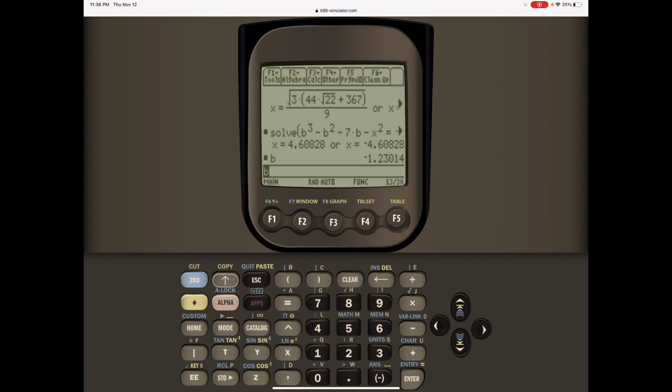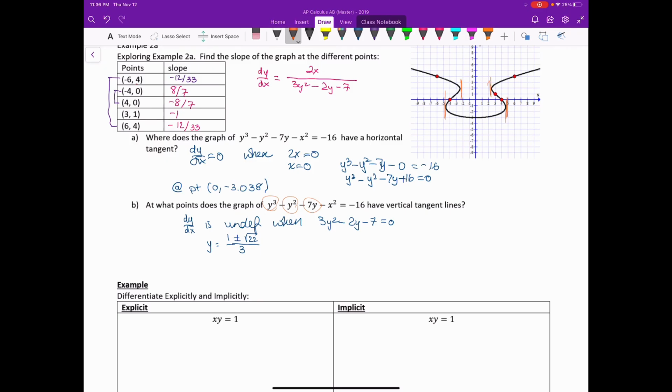So the B was negative 1.230. And I have to include the 0 because I'm rounding. So now I have all of the pieces that I needed.